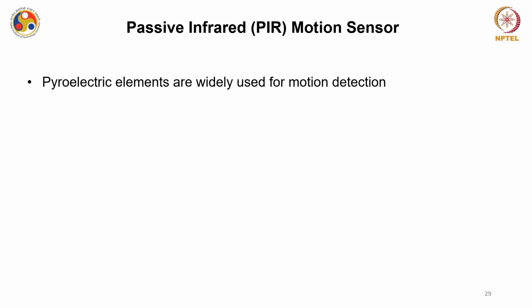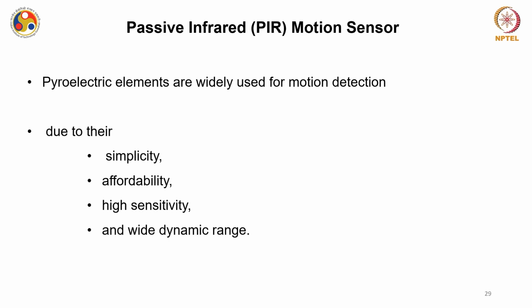So for this kind of temperature range, you have a number of detectors available, including thermistors, thermopile and pyroelectric devices. But for PIR motion sensors, mostly we utilize pyroelectric elements because they are very simple, they are affordable, particularly for large volumes of devices, they are highly sensitive in this particular spectral range, and they have a wide dynamic range.